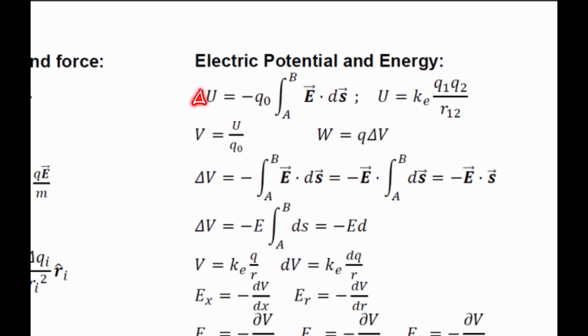And they put these deltas here to tell you that it's a change in electric potential energy from point A to point B, a change in electric potential from point A to point B. Here, they just tell you the definition. Oh, electric potential is defined as energy over charge. This work scenario is very important. If you are given the change in electric potential and you are given a charge, so let's say the scenario with the plates.